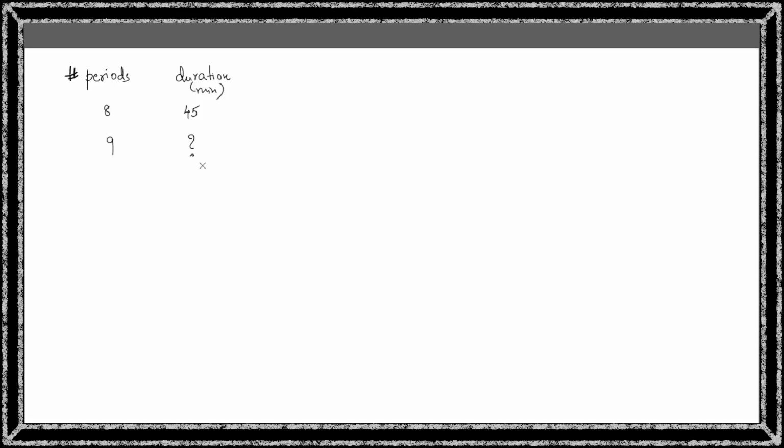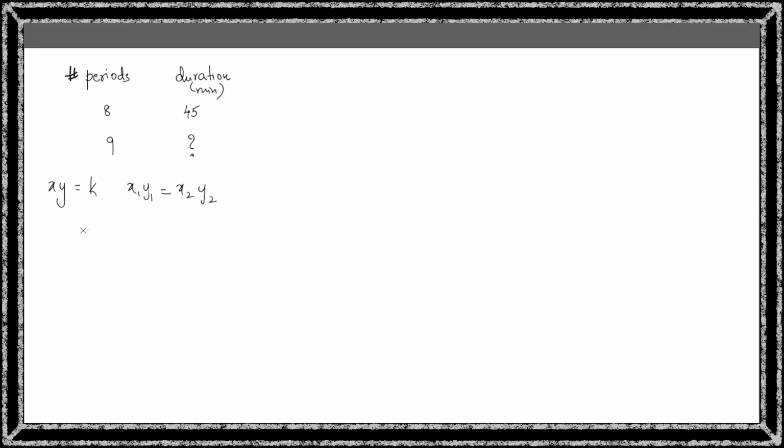Now here you see that they have also mentioned that the total time the students spend in school is fixed. So whatever adjustments of number of periods, number of breaks, duration of break you make, you have to make sure that the total time is the same. That means that if I increase the number of periods, the duration of each period is going to reduce. That is, they are in inverse proportion.